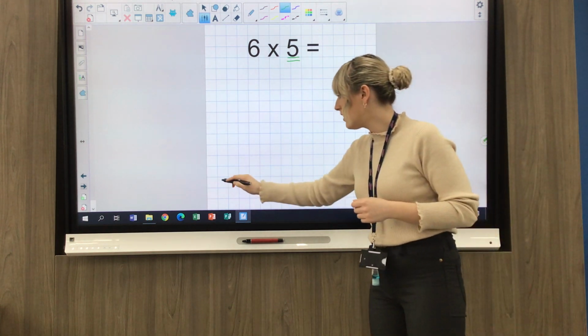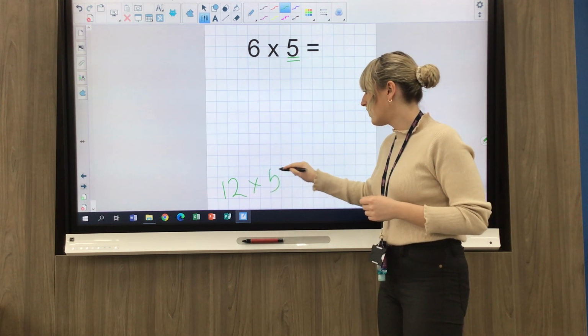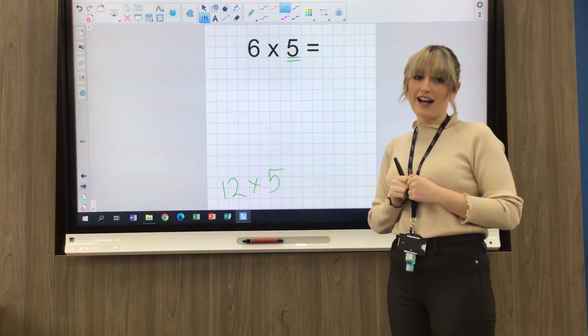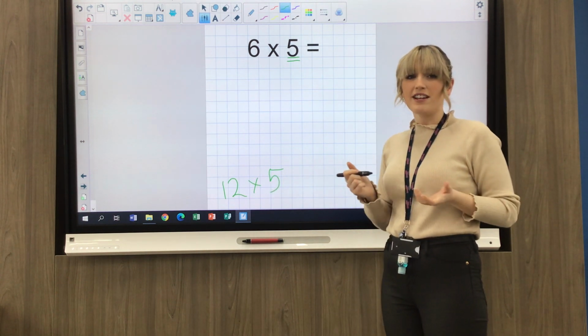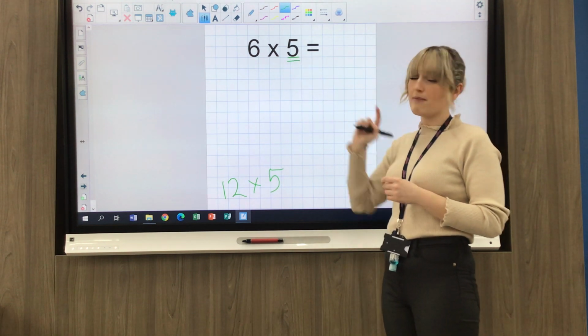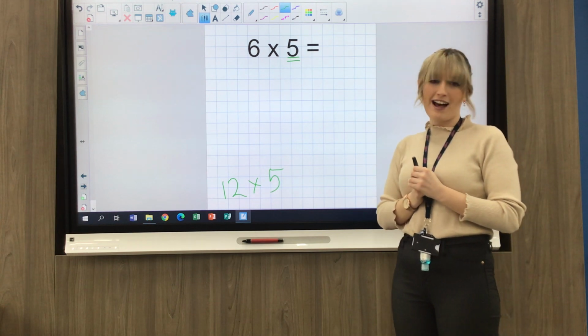If we were doing 12 lots of 5, it would take us a very long time to draw 12 groups of 5, wouldn't it? So that method works when we've got small numbers and we haven't got many groups to make, but when we're multiplying bigger numbers, it's not really that helpful.